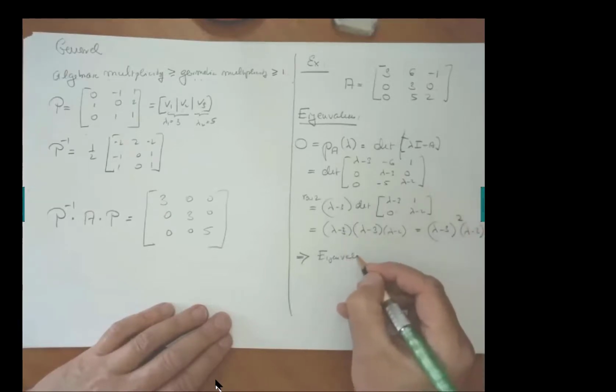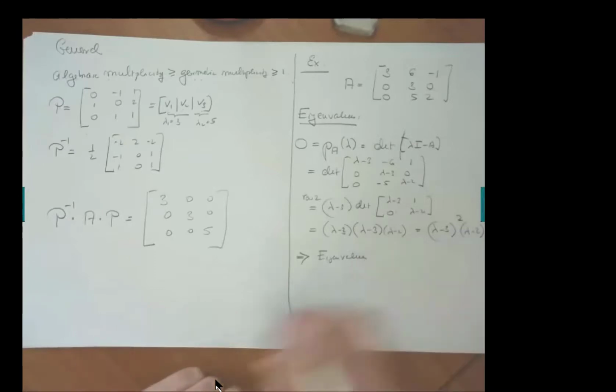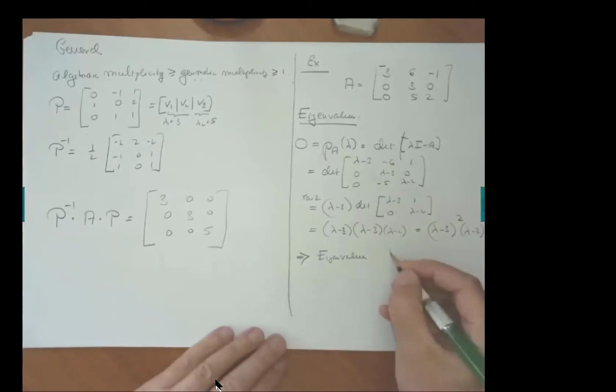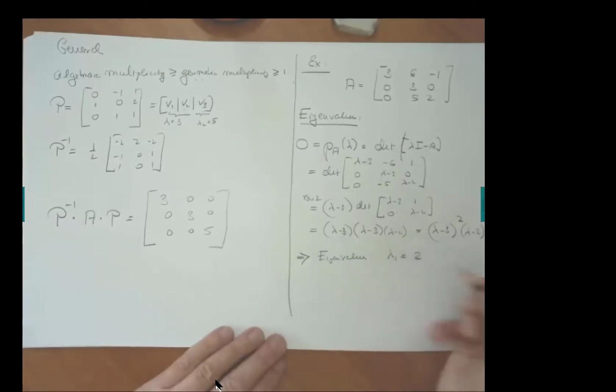So what are the eigenvalues of this matrix? What are the zeros? The zeros are 3 and 2. So I make lambda 1 equal to 2 because it's a smaller one, I guess. Lambda 2 equal to 3.